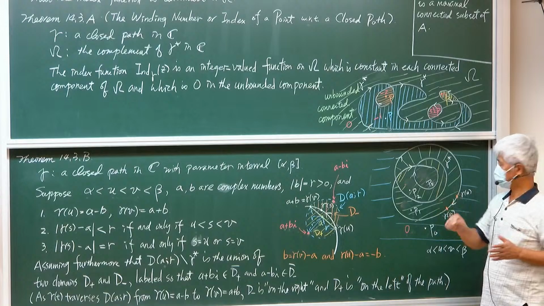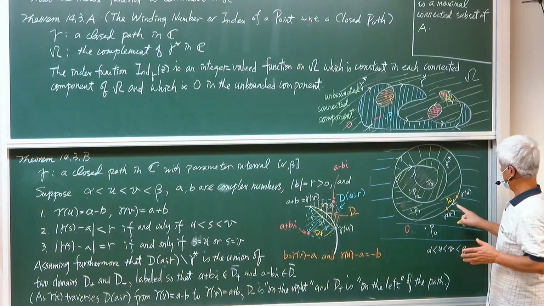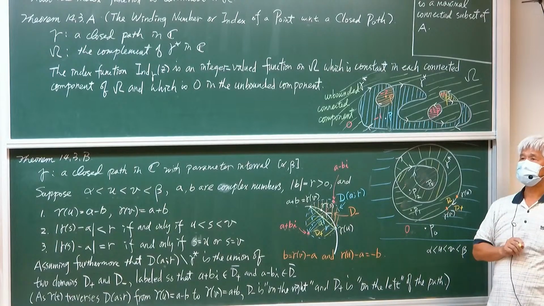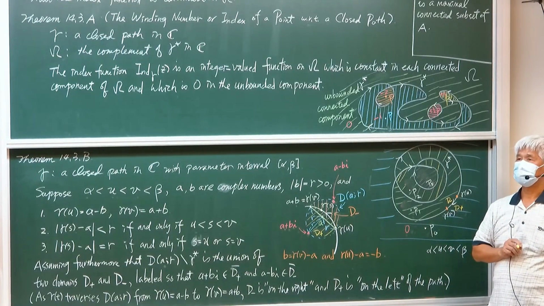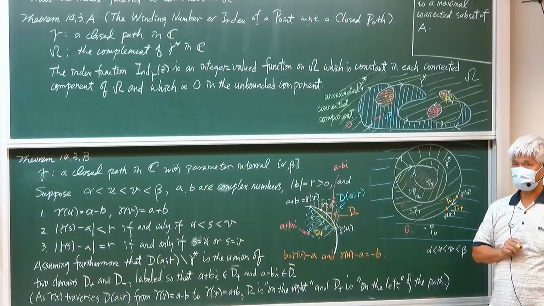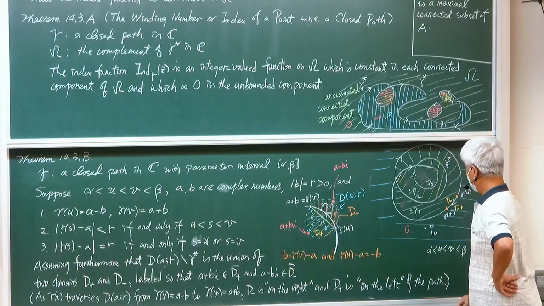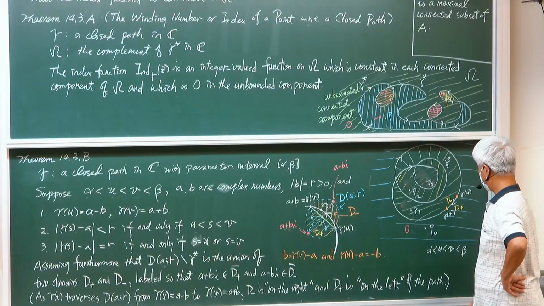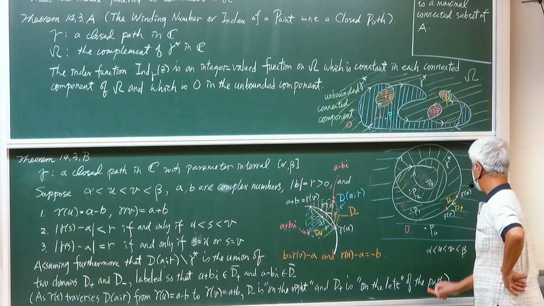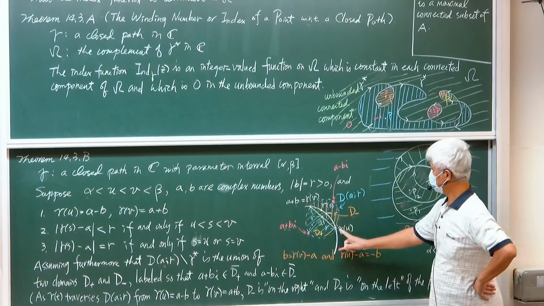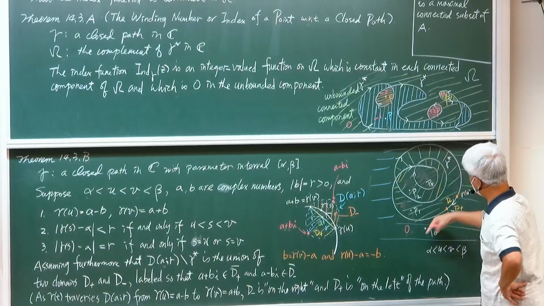So the right is D minus, right? And the left is D plus. Is it okay? Just like here, we go in this direction, but we are going this way.